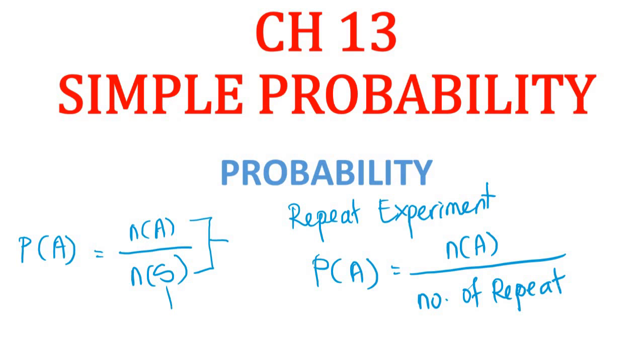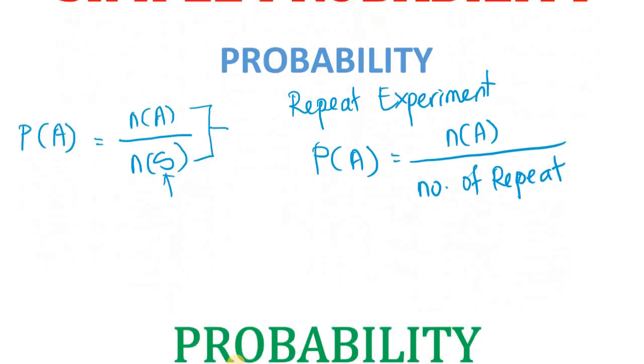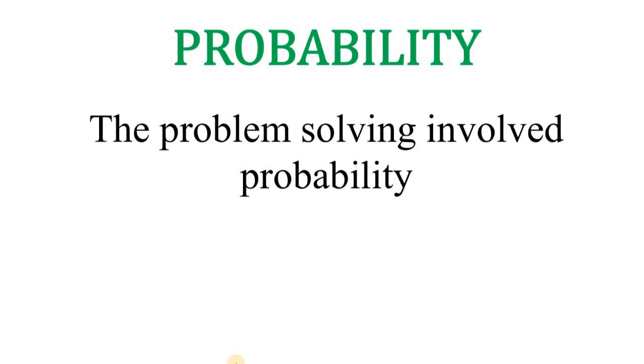Actually, the number of times you repeat the experiment refers to your number of sample space. So the probability of event A is equal to the number of event A over the number of repeats. Now we look at some problem solving.